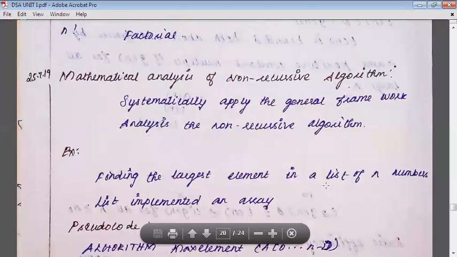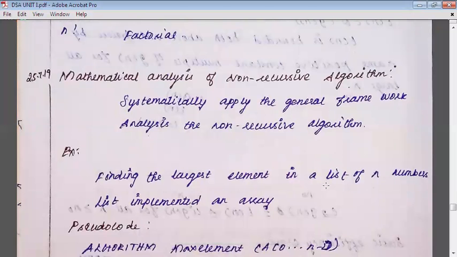Next, the mathematical analysis of non-recursive algorithms. What is a non-recursive algorithm? A non-recursive algorithm is nothing but a sequential algorithm. A recursive algorithm is one where the algorithm calls itself. A non-recursive algorithm is another name for a sequential algorithm.